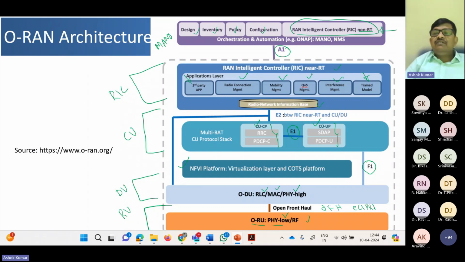This data will be fetched, and a particular AI/ML model training I can do here. Once this model is trained to a good enough stage, it can come as a trained model here and can be deployed in a real-time environment. So this is the broad ORAN architecture as given by the ORAN Alliance.